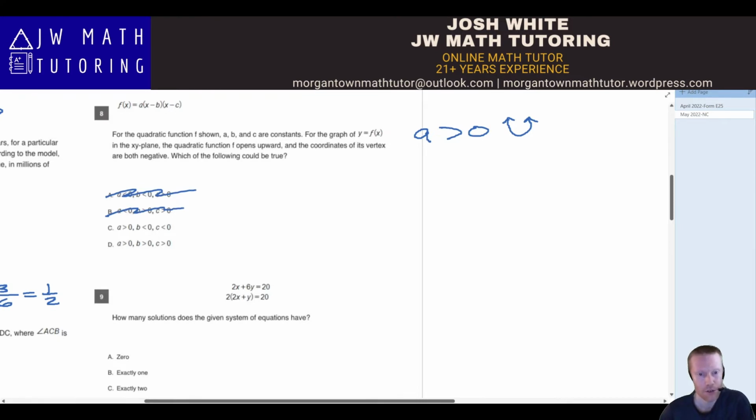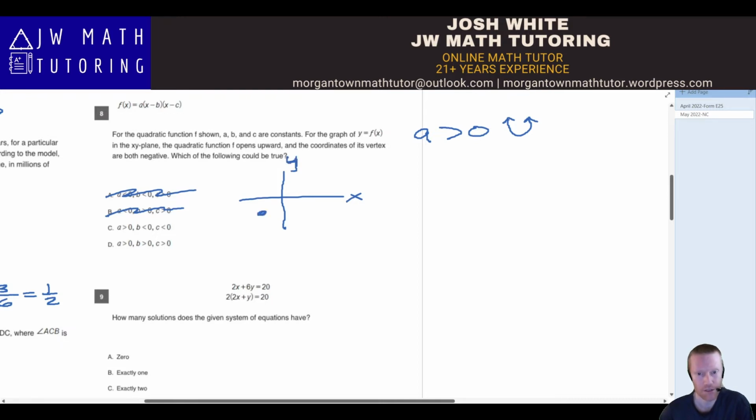Okay. Now, to determine between these two answer choices, the easiest way to think about this one is just to draw a picture of a hypothetical parabola or quadratic function and then see what's going on. So, okay, we know its vertex has negative coordinates for both x and y. That means it's going to be somewhere over here in quadrant 3.